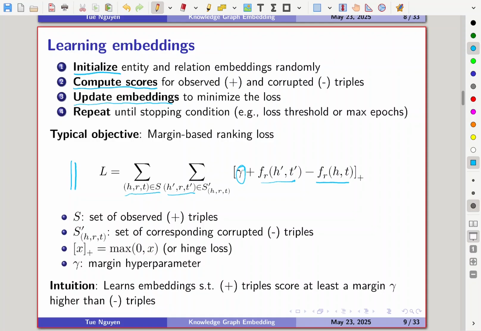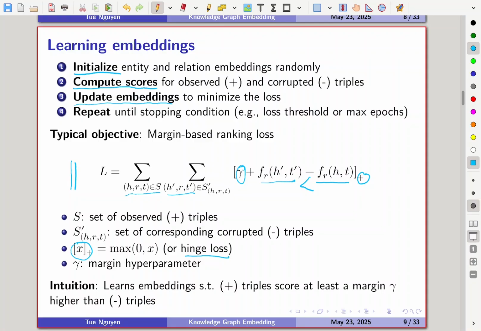So we expect that this quantity on the right will be higher than the quantity on the left, because higher means more plausible. If we take the difference, we expect that it should be negative or at least 0. Then we apply the hinge loss, where the plus sign here is just a function, the max of 0 and x.